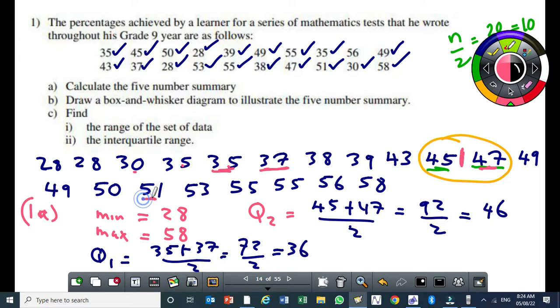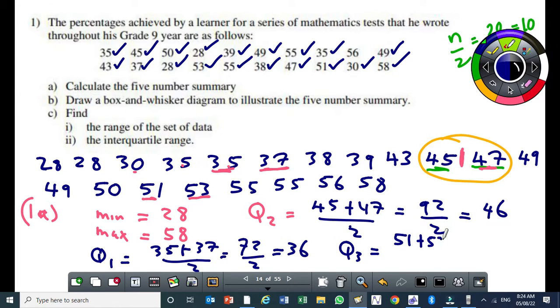So we stop here, and then we also take into account the sixth value. Okay? So our Q3 is going to be equal to 51 plus 53 over 2, which gives us 104. 104 over 2 will give you 52.